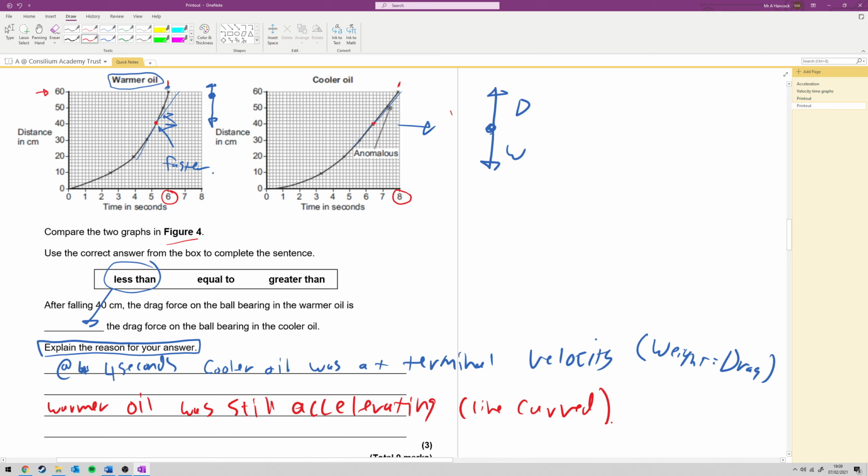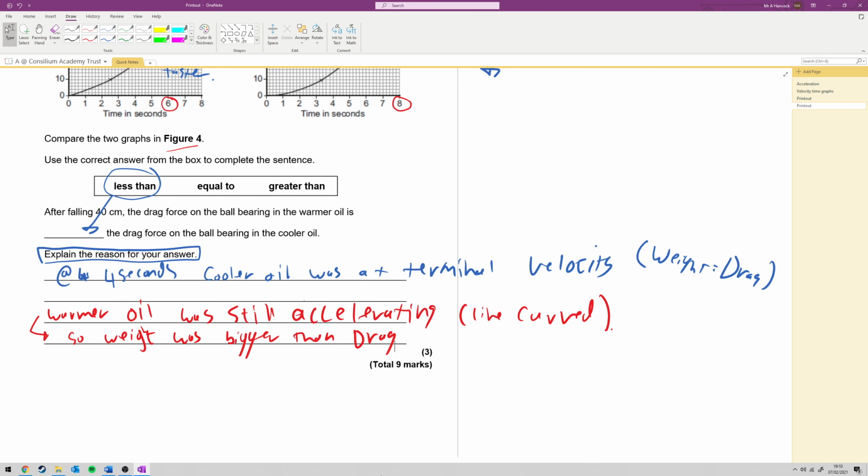So therefore, I think that should get you the marks, because you've got 1 mark for this, 1 mark for that, 1 mark for that. But I'm going to keep going. I'm going to clarify this point and say, so weight was bigger than drag. And that is the last question.